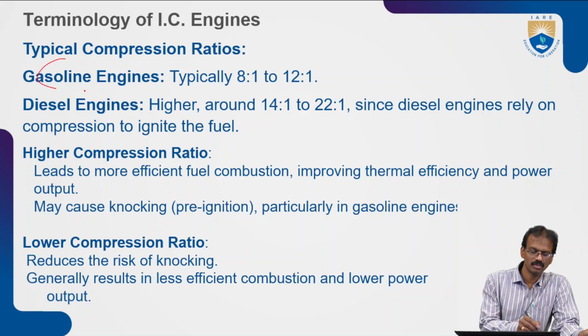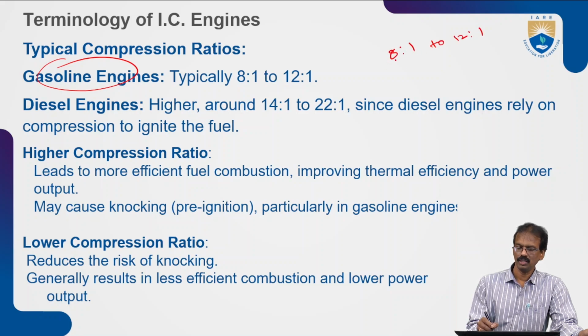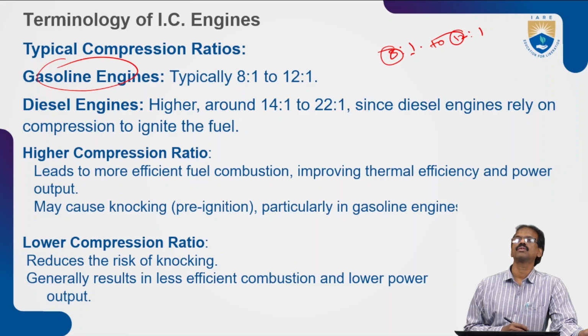For petrol engines, gasoline engines, the range of compression ratio is 8:1 to 12:1. It means 8 is the total volume and 1 is the clearance volume, or 12 is the total volume and 1 is the clearance volume. It means V total to Vc. Okay, this is the range.